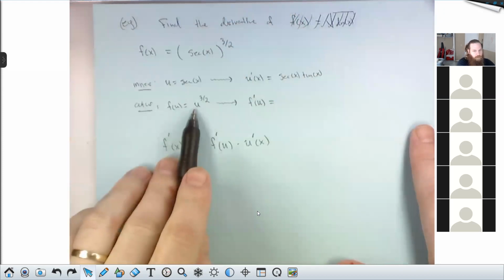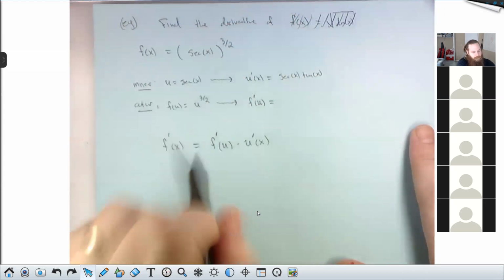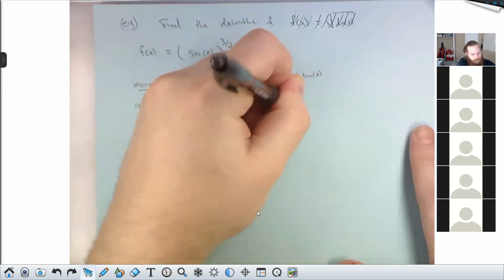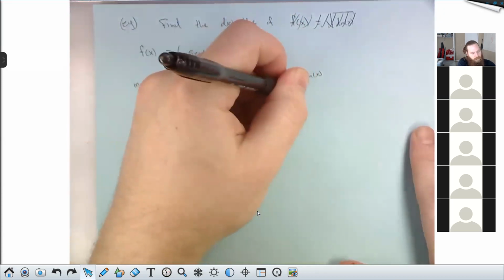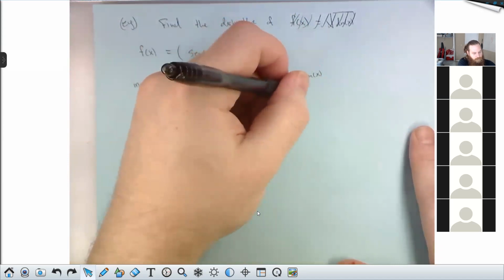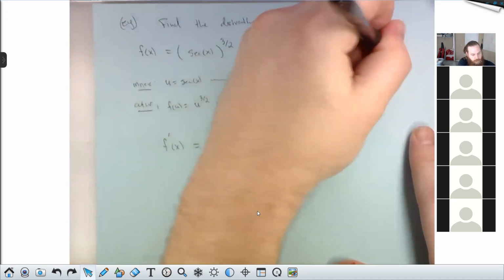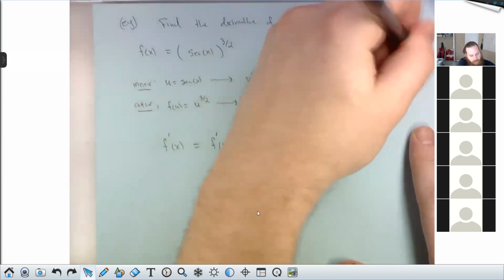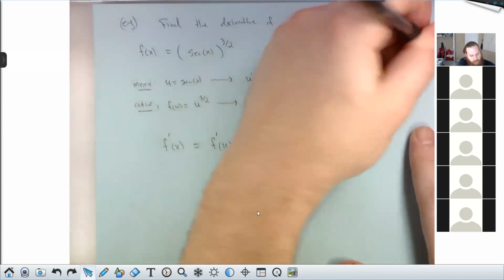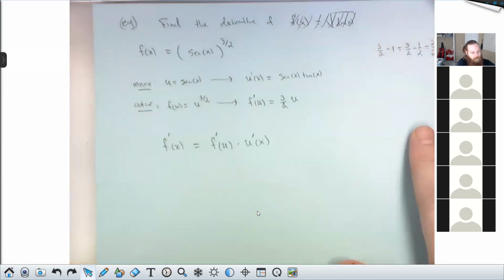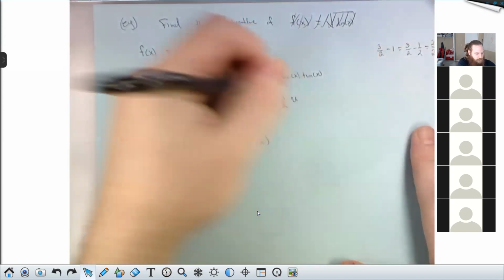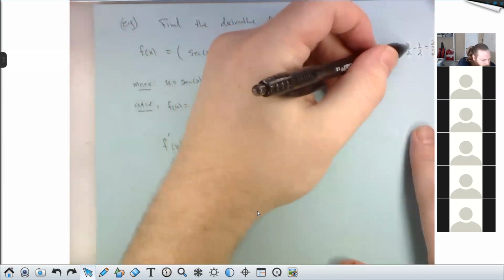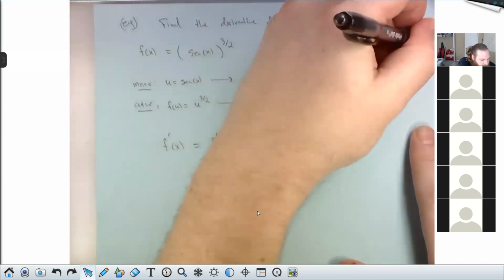If I differentiate u to the 3/2, it's going to be 3/2 u raised to 1/3. Almost. So we need to subtract 1 from 3/2, right? So it's 3/2 minus 1/2, which is 2 halves, or just 1. Wait, sorry, what did I do here?